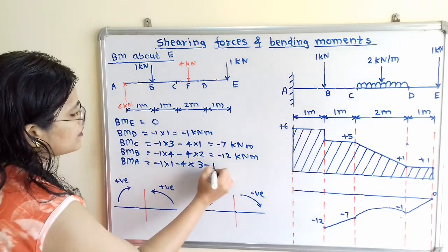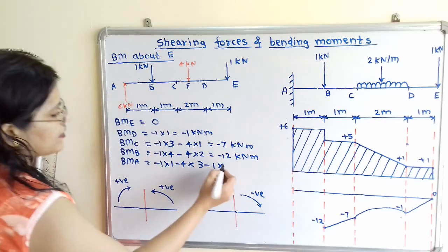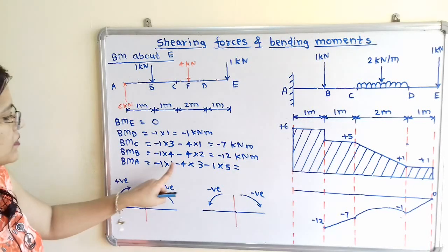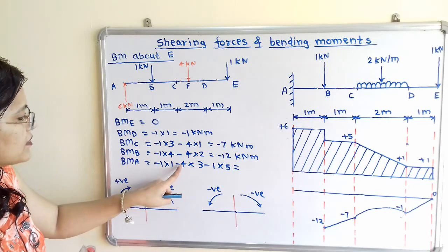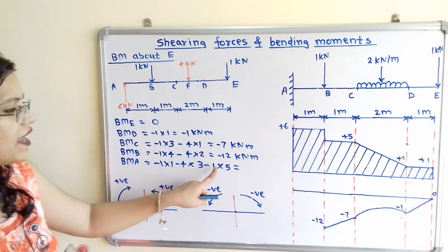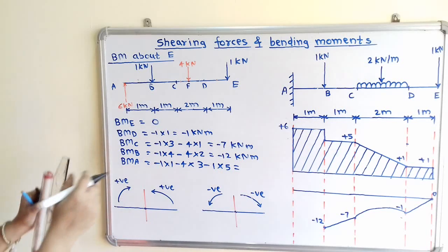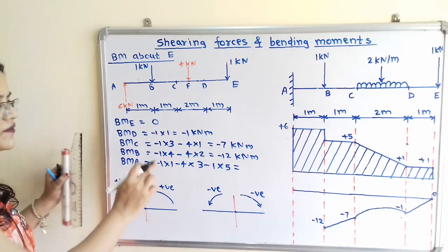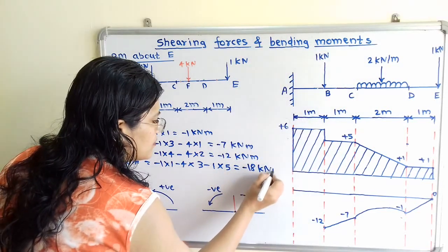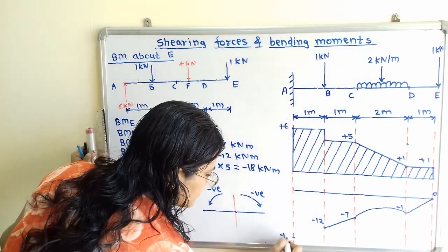Then -1 multiplied by 2, 3, 4, 5. Then we will calculate this. So -1, then -12, and then -5. So -12 and -5 will become -17, and here -1, that is -18. So -18 kilonewton meter. So we have to mark this point at -18.